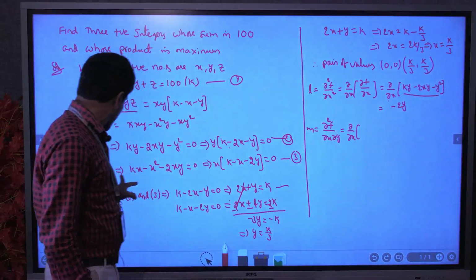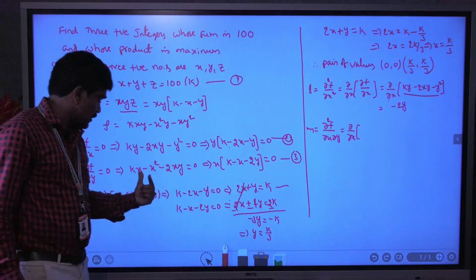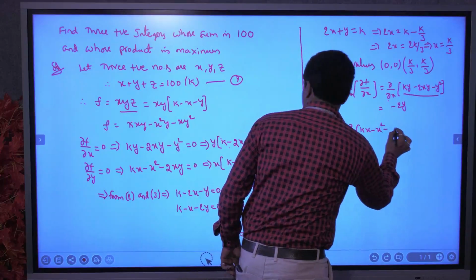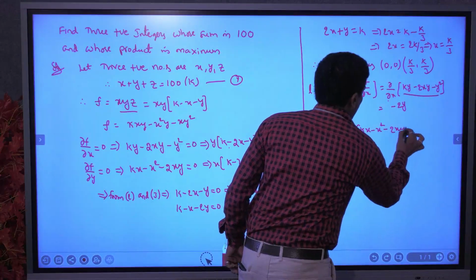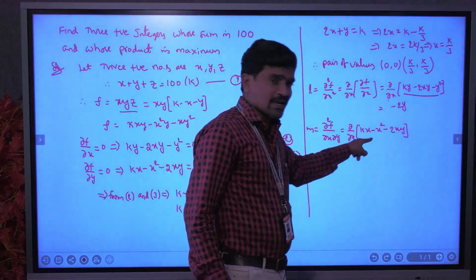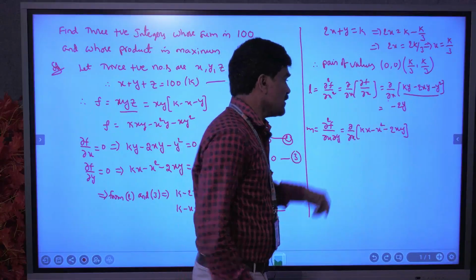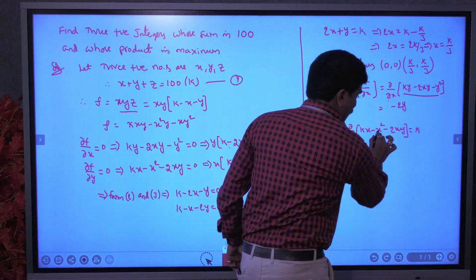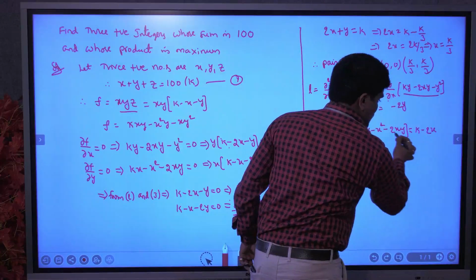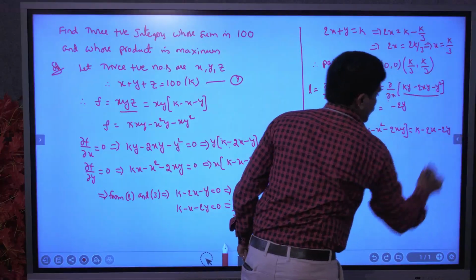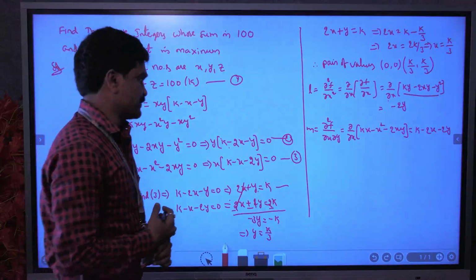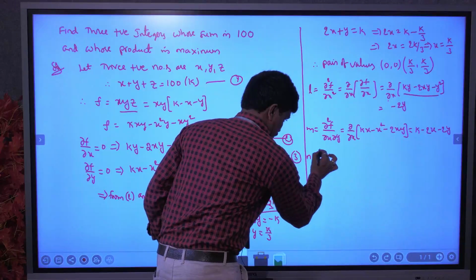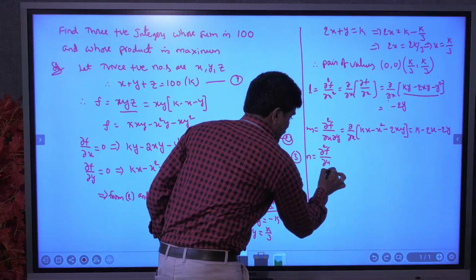What is ∂f/∂y? Here ∂f/∂y is kx − x² − 2xy. Now the derivative of this function with respect to x: kx derivative is k, minus x² derivative is 2x, minus 2xy derivative is 2y with respect to x. This is m.